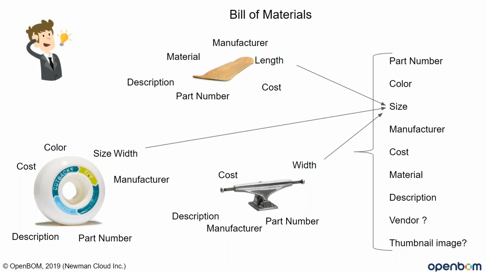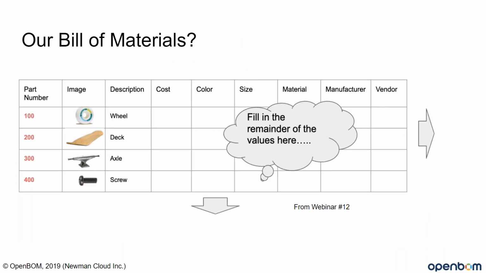So now we're starting to evolve a little more detail. Again, we're making a list of properties about parts that we'll want to include, and you can see that maybe we have vendor, maybe we have thumbnail image, and other things that are important in that bill of material.